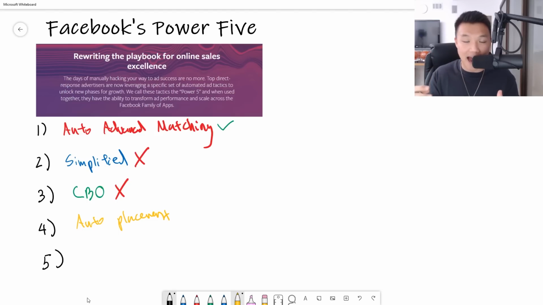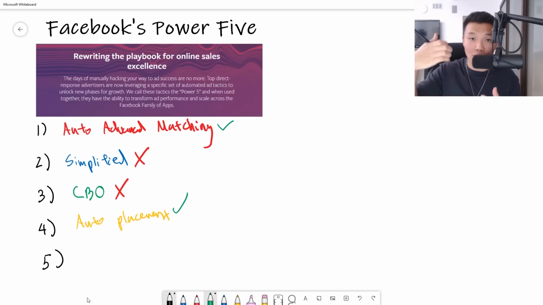And even with the spiderweb method, I also encourage auto placement. So I'm going to give Facebook a green check mark for this. I definitely advocate using auto placement unless you know that your creative format is really suitable only for one of the platforms. For example, if you're shooting a vertical style selfie ad, maybe the best placement is Facebook stories, Messenger stories, and Instagram stories.